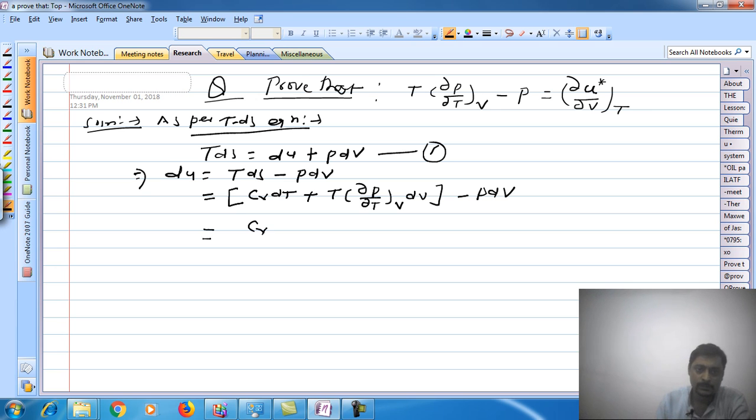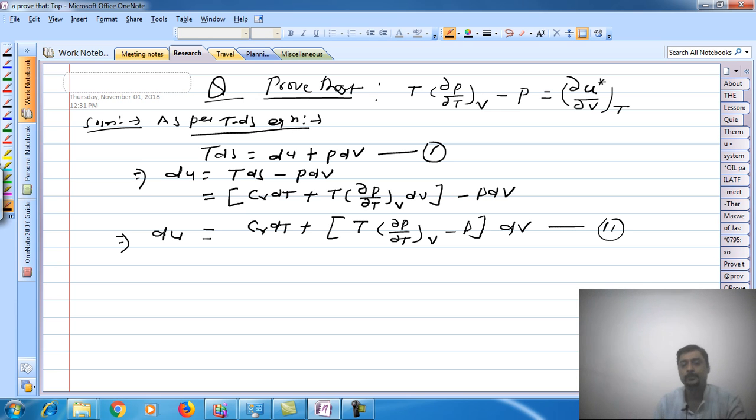This is equal to Cv dT plus, this dV is common, so write in this format, T del P by del T at constant V minus P, dV. So this implies this du can be written in this form. This is equation number 2.